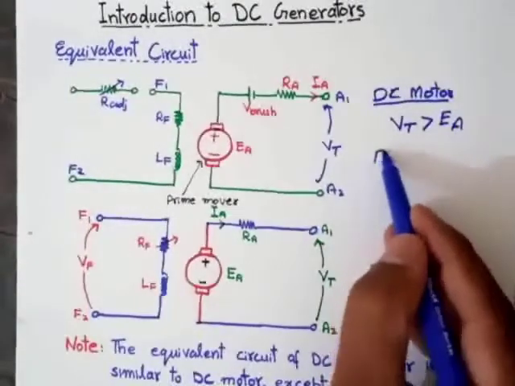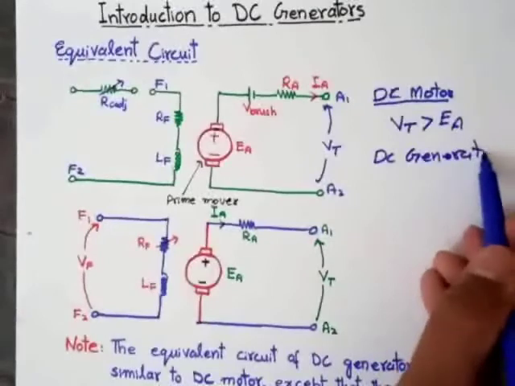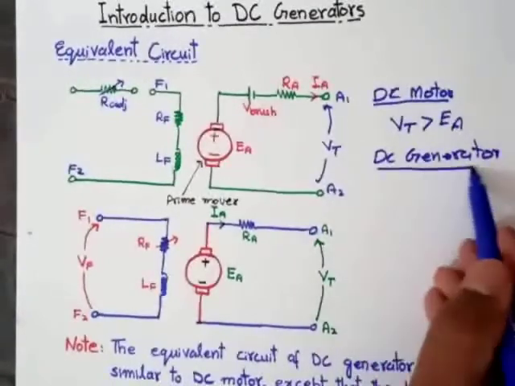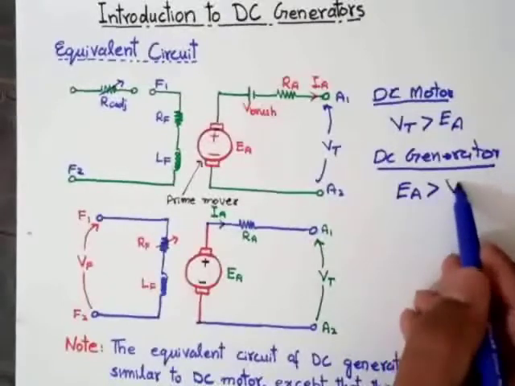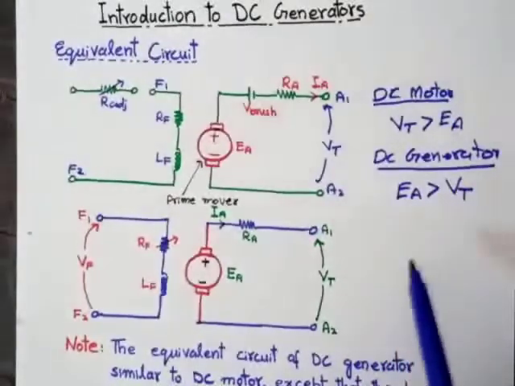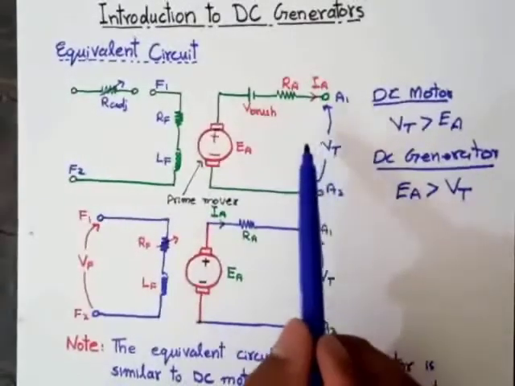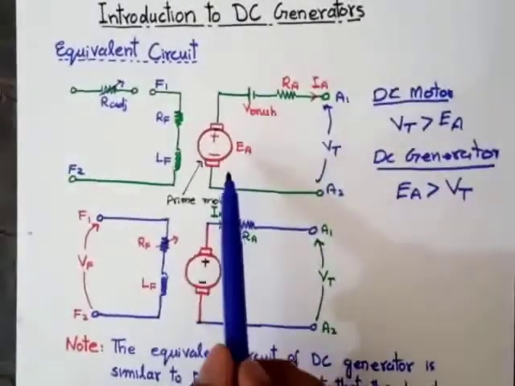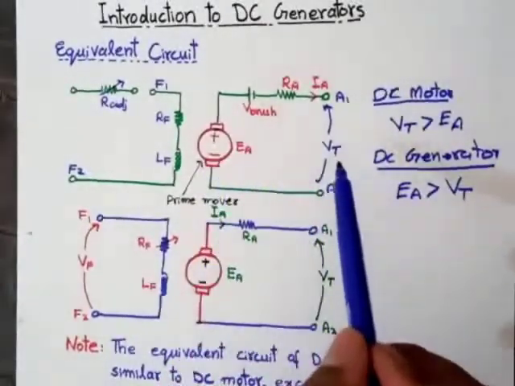And in case of DC generators, the internal generated voltage will be greater than the terminal voltage. That's why the direction of the current will reverse, because in case of a DC generator, the internal generated voltage will be greater than the terminal voltage.